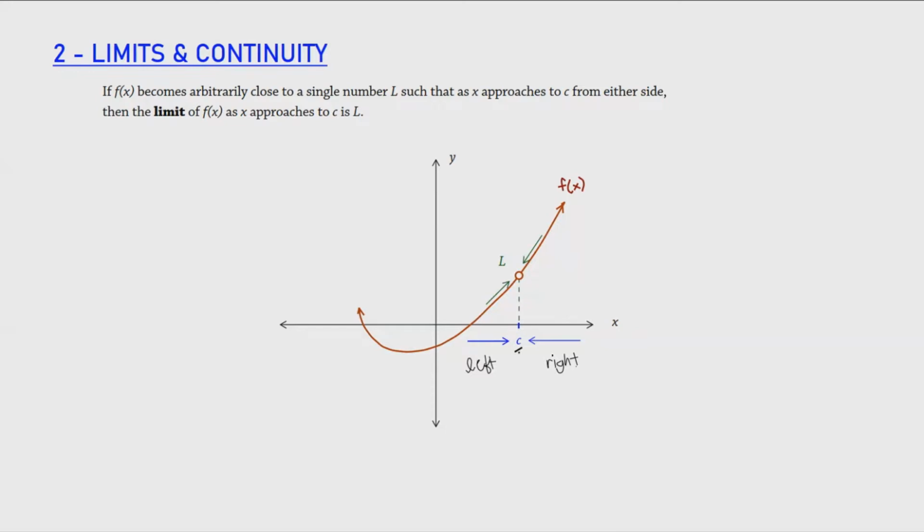And that goes the same way for our left side. Any number that is left of c is the left side. So in that case, we are referring to all the numbers that will approach c from either left or right.